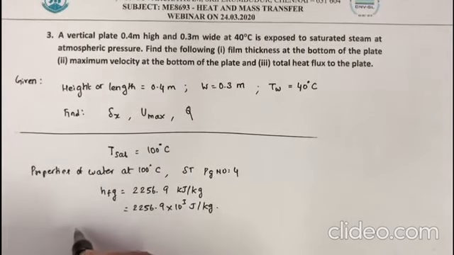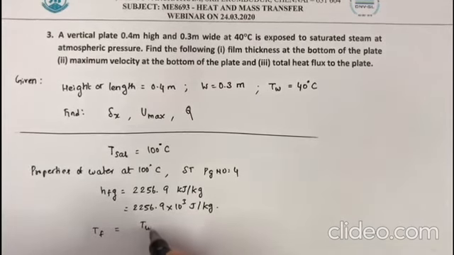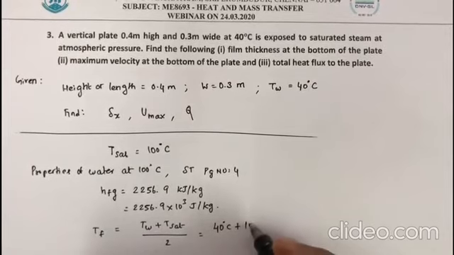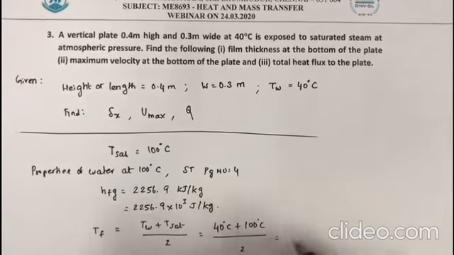Now we know that the film temperature is going to be (Tw plus Tsat) by 2. So the wall temperature is 40 degrees Celsius plus 100 degrees Celsius divided by 2. It's going to be 70 degrees Celsius.